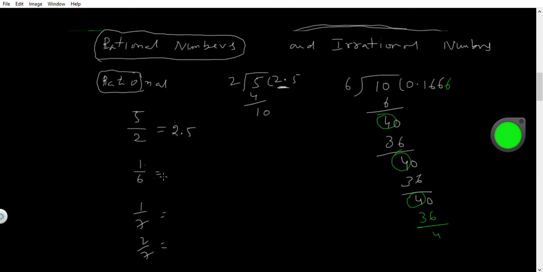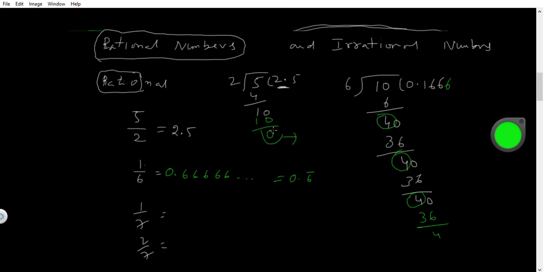When 1 is divided by 6, we get 0.666 and so on. It is a repeated number. We also call this 0.6 bar. Whereas in 5 by 2 we get 2.5: 2 5s are 10, and I will get a remainder of zero at last.